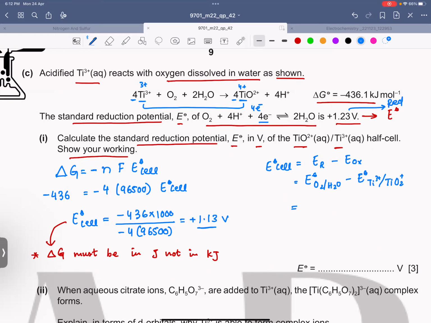So E naught cell is 1.13. E naught half cell of oxygen and water is 1.23, and it would be X. So the value of X would be 1.23 minus 1.13.